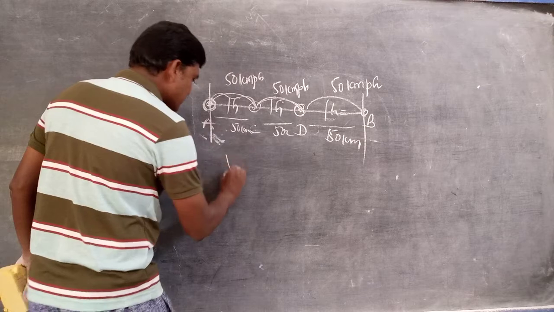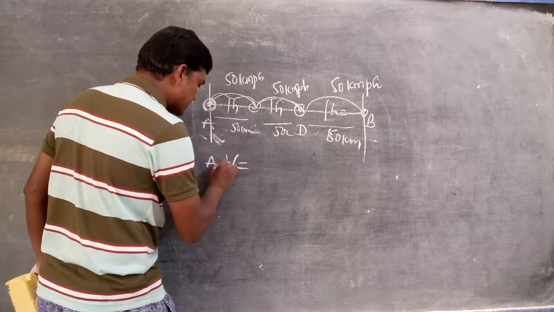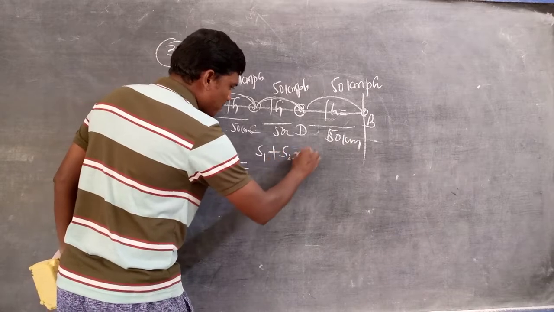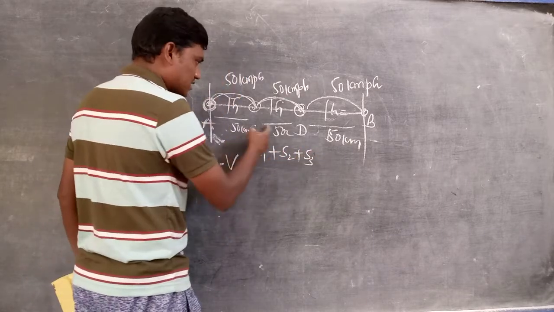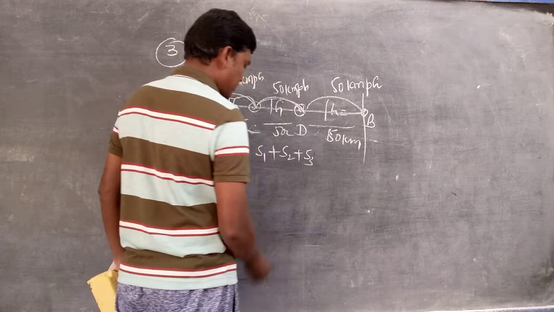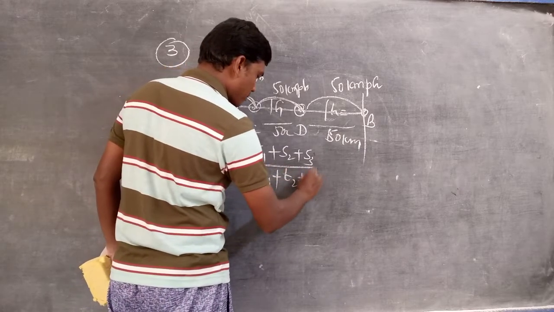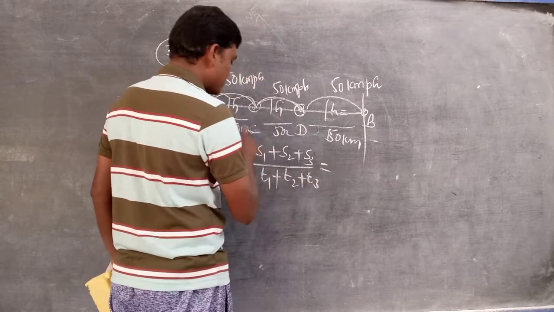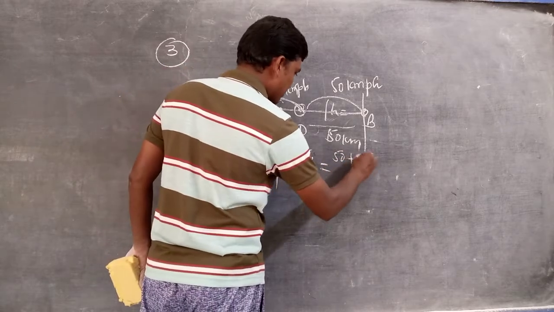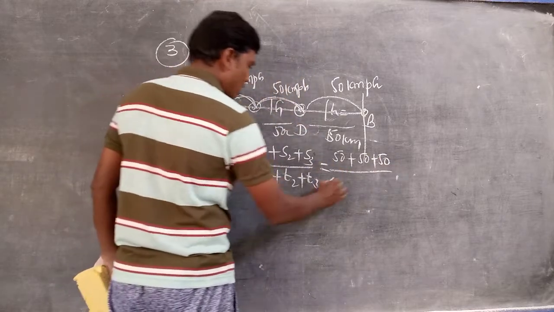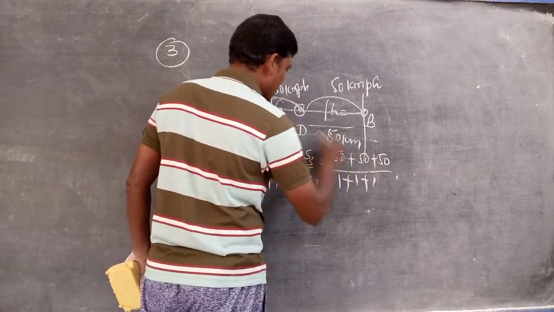Now let me come to the velocity concept. Average velocity is S1 plus S2 plus S3 divided by T1 plus T2 plus T3. S1 is 50, so 50 plus 50 plus 50 upon T1, 1 hour, plus 1 plus 1.